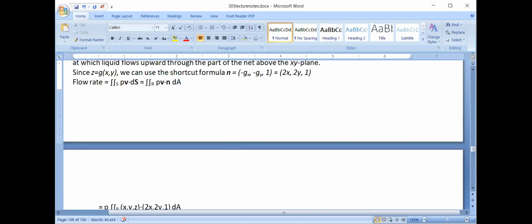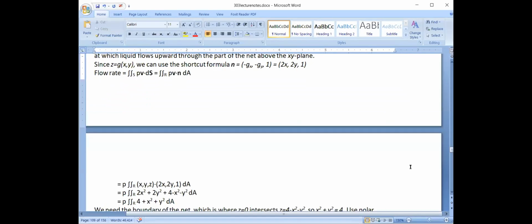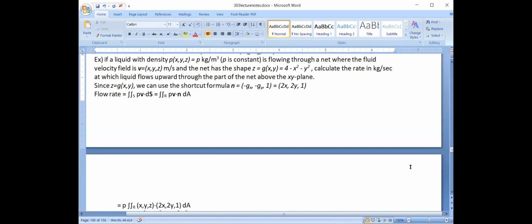So let's put all that together. Density p is just a constant in this case, so I'm just going to pull that out in front. Velocity field was x, y, z, and then we dot it with the normal, which is 2x comma 2y comma 1, and all of that is dA.